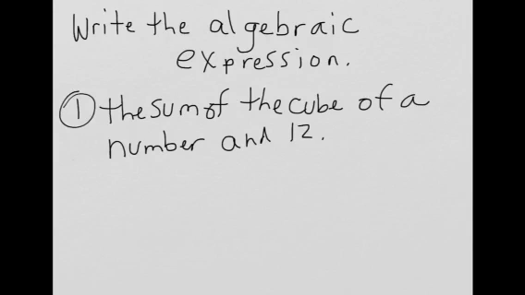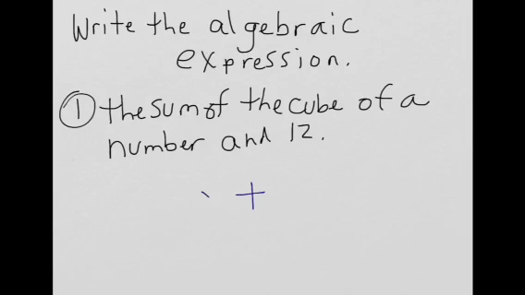Open up your MTT. We're going to go ahead and do the Chapter 1 test review. Write the algebraic expression, the sum of the cube of a number and 12. So the sum means we're going to have an addition problem.